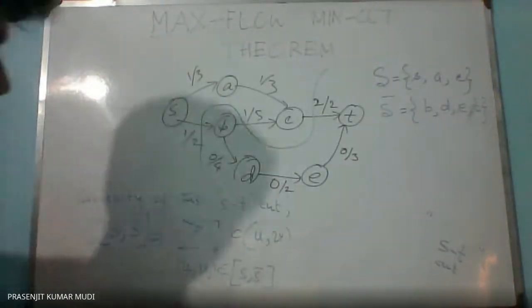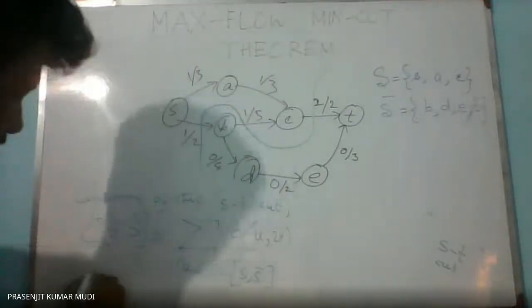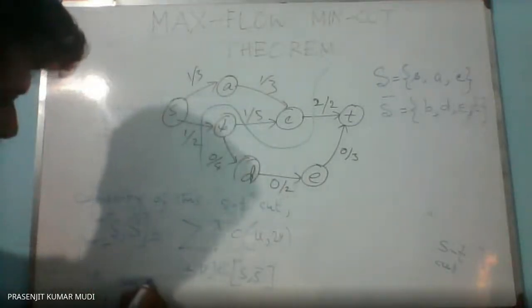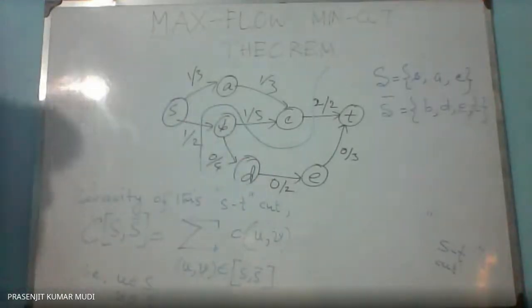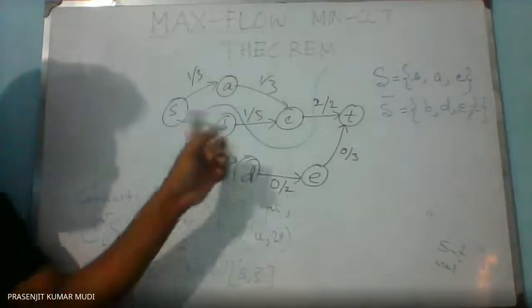Or in other words, it means that U belongs to S, V belongs to S bar. Correct? So you sum up all the capacities of the edges.